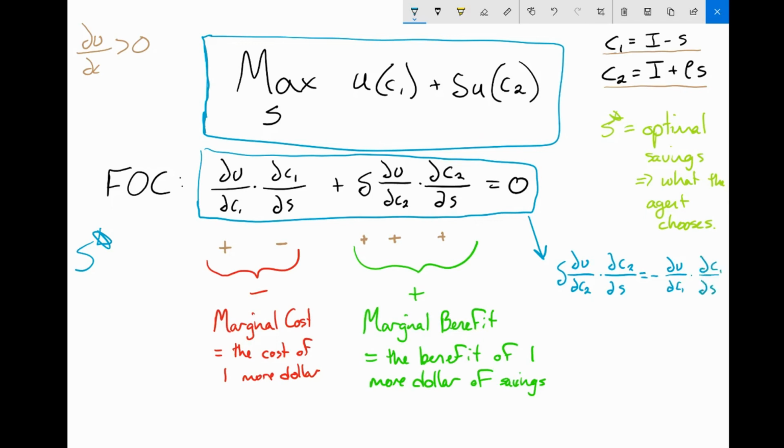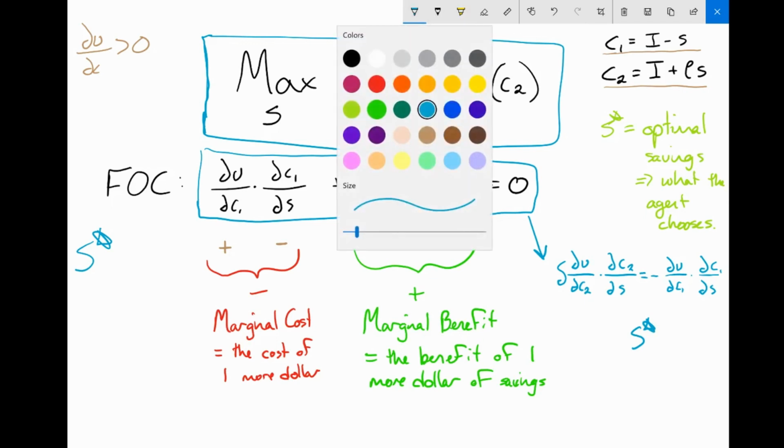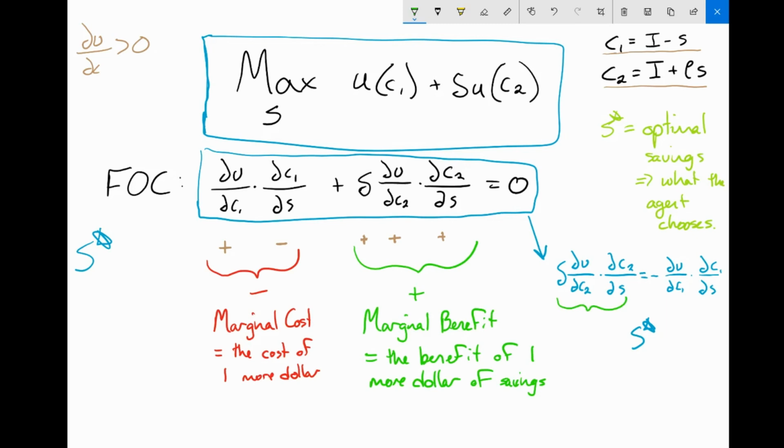And what we're going to find is that the optimal S is the level of S such that the marginal benefit equals the marginal cost. So the optimal level of savings is the amount of savings that equates the marginal benefit and the marginal cost. So basically, that fundamental economic intuition about the decision-making of rational agents is captured right here in the math. And this allows us to gain insights into the decision-making process.